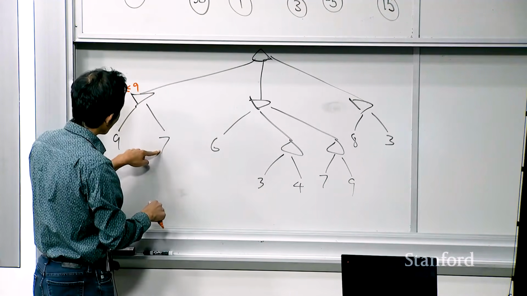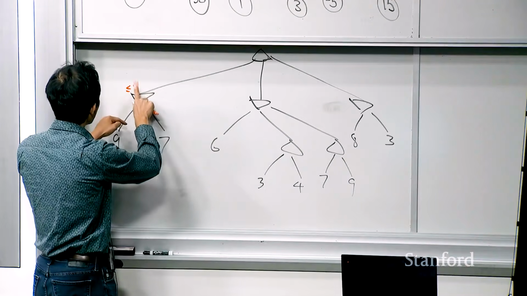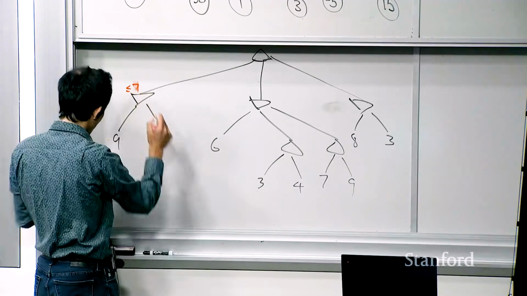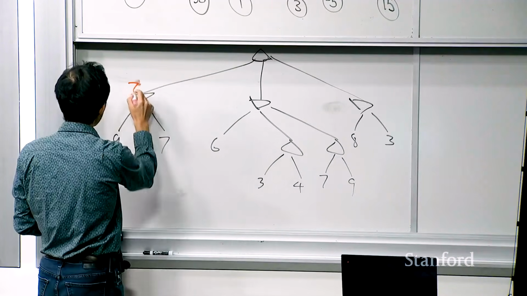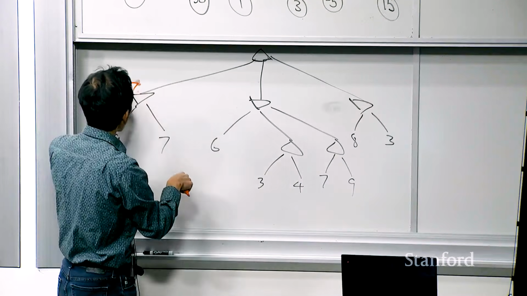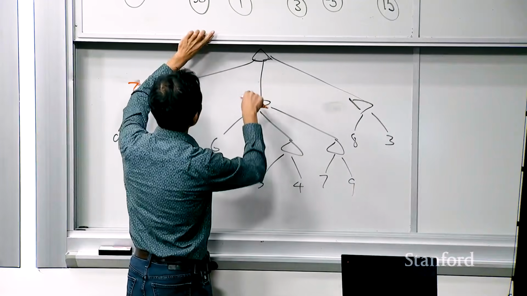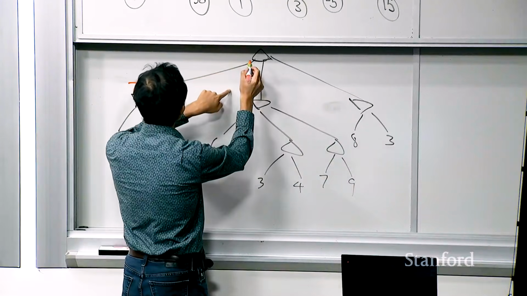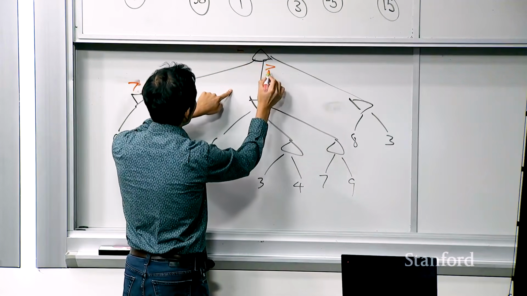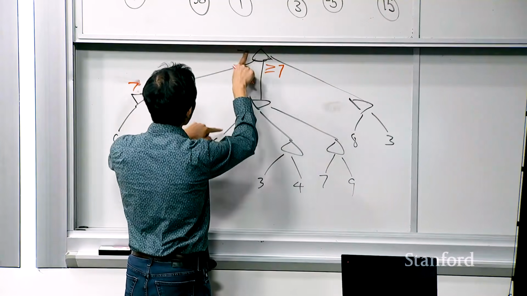Come over here, I see that's a 7. I update that to be less than or equal to 7. Actually, this is just equal to 7 because I explored everything. So now I come back here. This is going to be, I'll just write it down here, at least 7.